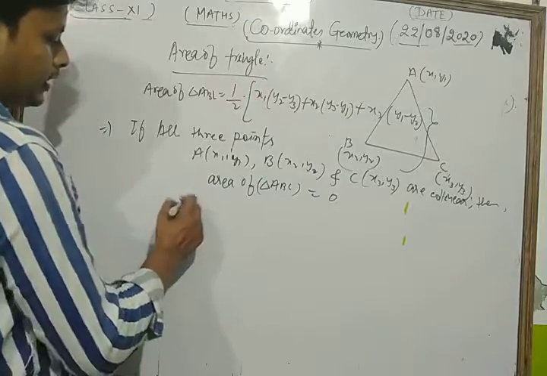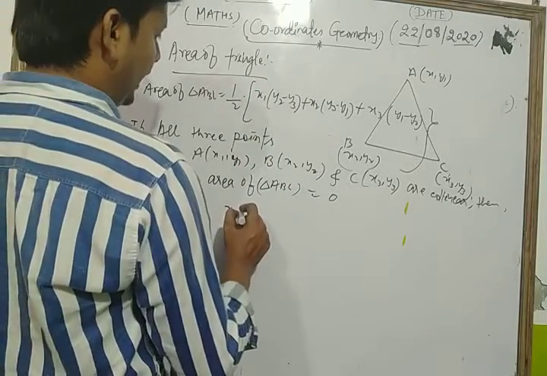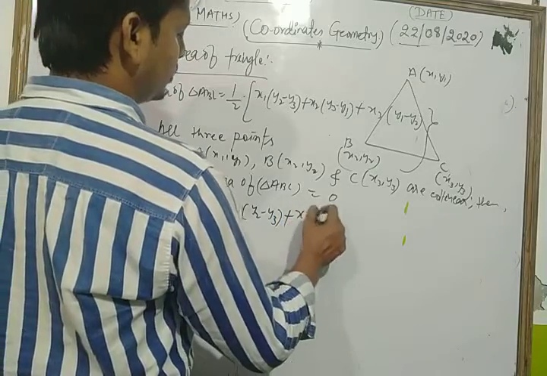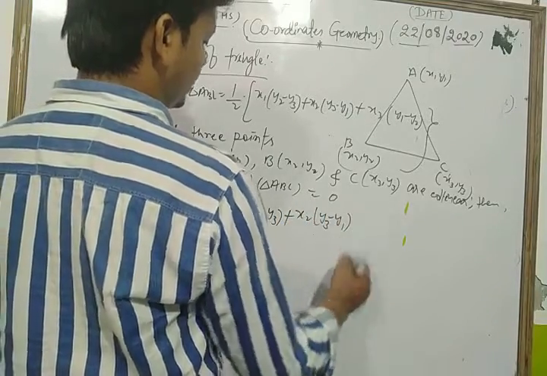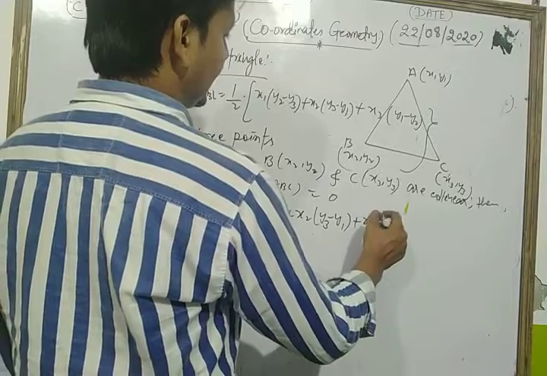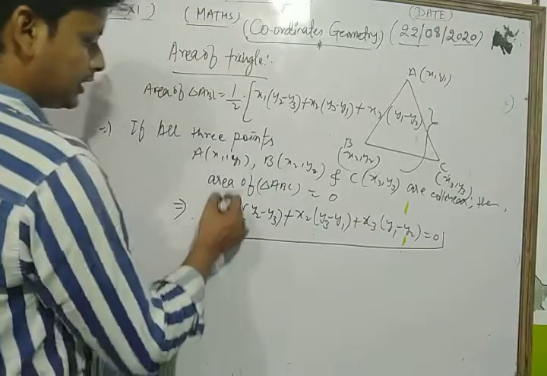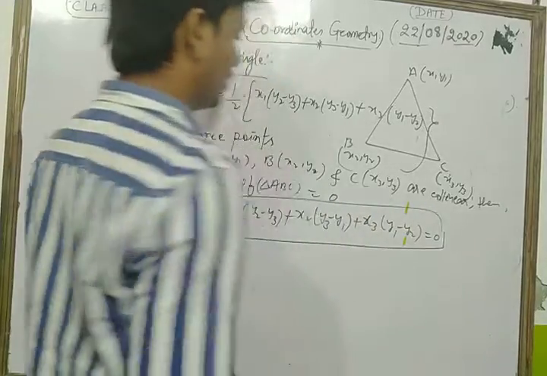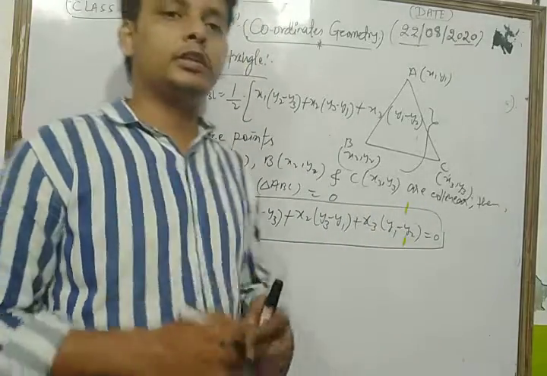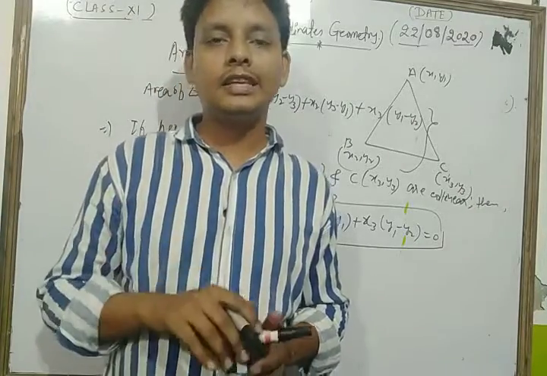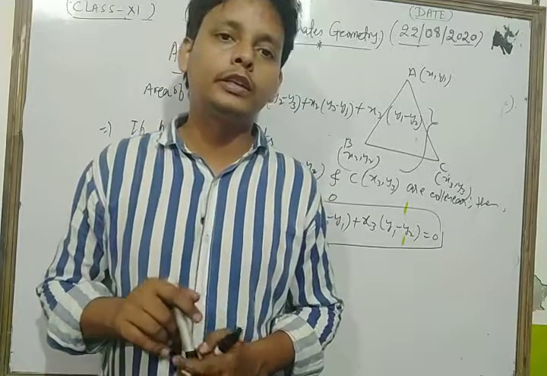Then we have x1 (y2 minus y3) plus x2 (y3 minus y1) plus x3 (y1 minus y2) is equal to 0. This is the condition for collinearity of three points. Three points are said to be collinear if and only if they lie on the same straight line.